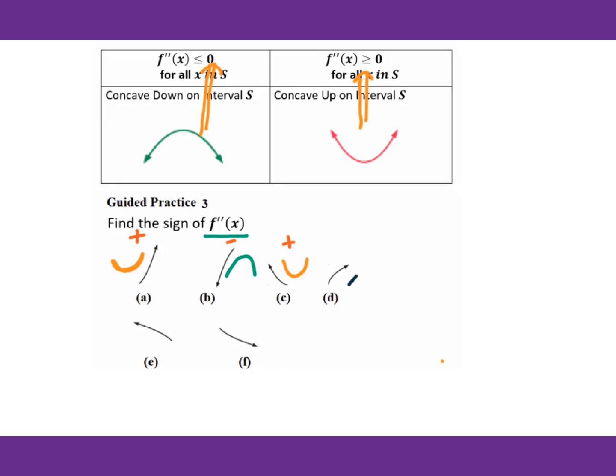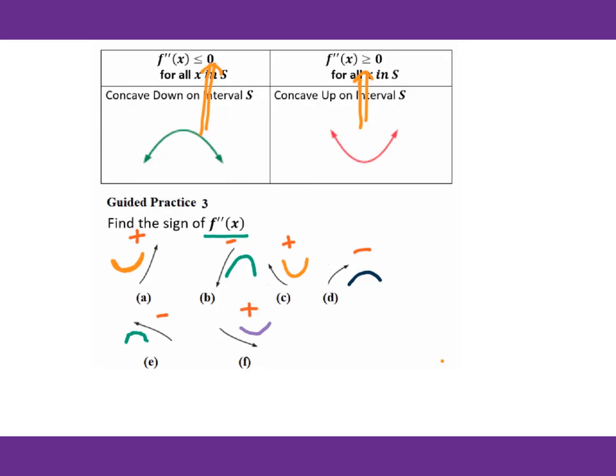Like D, we know it's concave down, so it's negative. For E, you could see the graph like this, so it's concave down. It's negative. For F, the graph will be concave up.